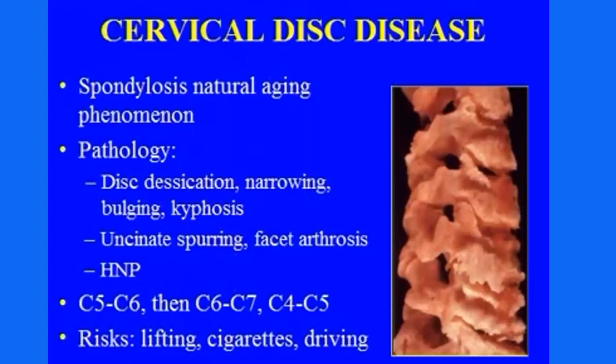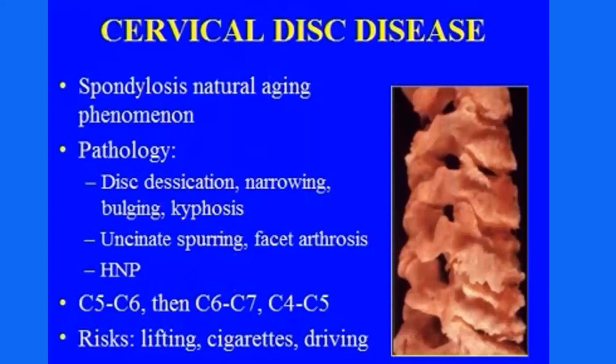Now, we all know that one of our biggest problems is spondylosis, which occurs with age. It's a natural process. It's difficult to see someone after the age of 65, 70 without having a problem somewhat in the neck.